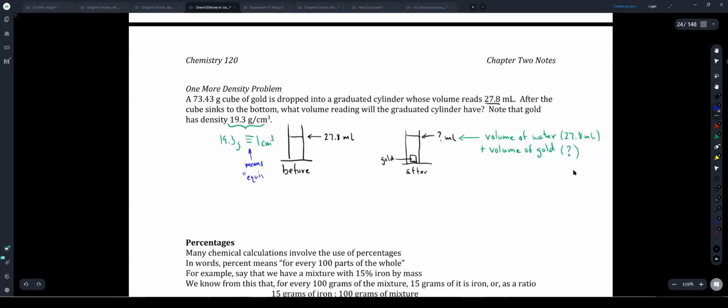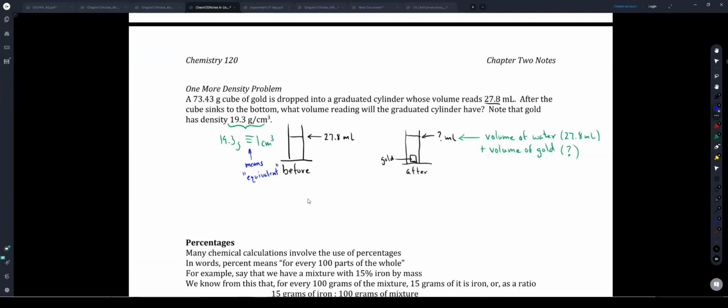They don't have the same unit, but in words, I can say 19.3 grams of gold isn't a centimeter cubed because they are different units. But I can say if I have 19.3 grams of gold, its volume must be 1 centimeter cubed. They are equivalent to each other. They are the same amount of gold, but just in different types of units.